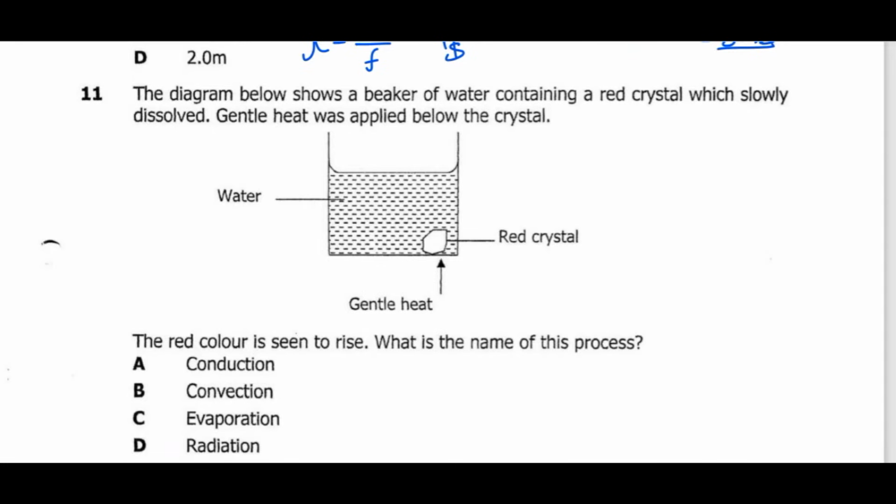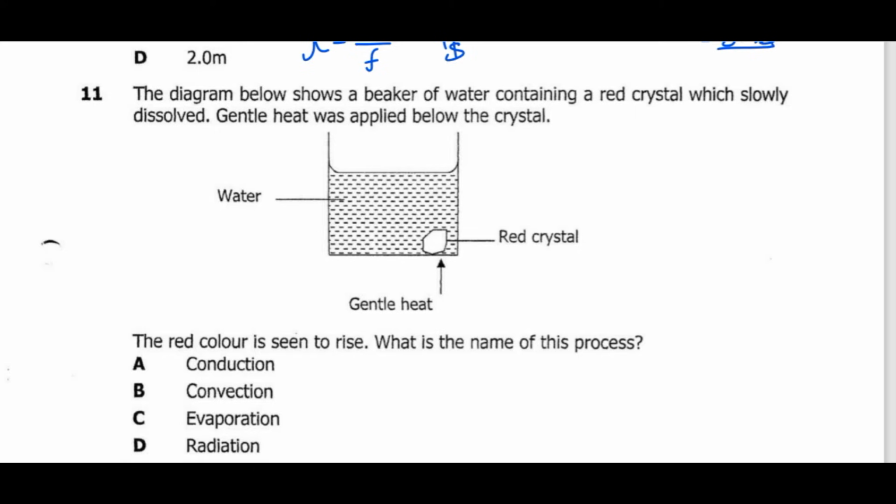Now question 11. The diagram below shows a beaker of water containing a red crystal which slowly dissolved. Gentle heat was applied below the crystal. Then the red color is seen to rise. What is the name of this process?